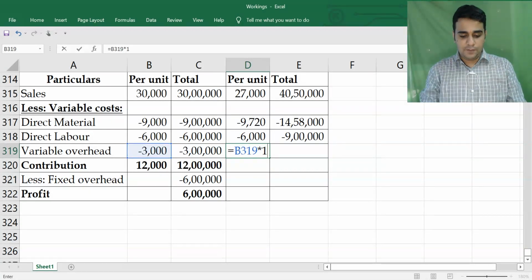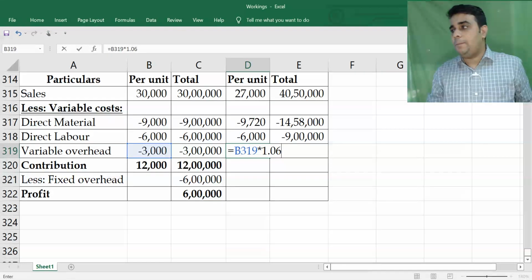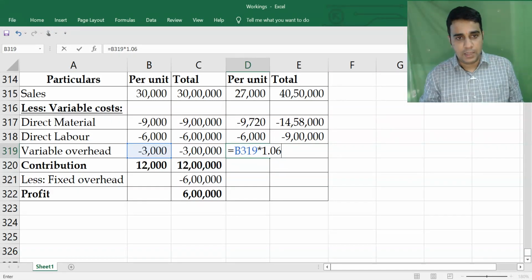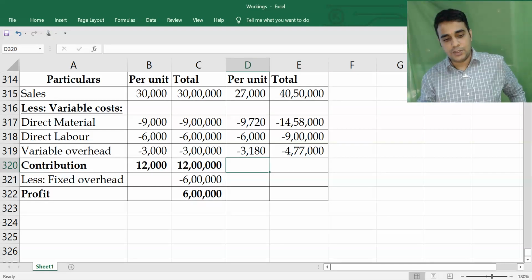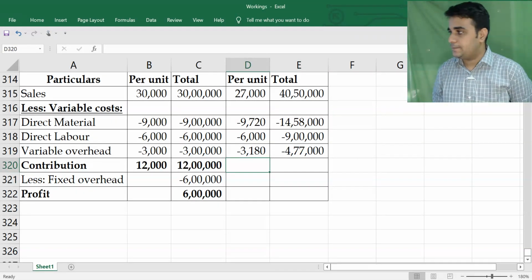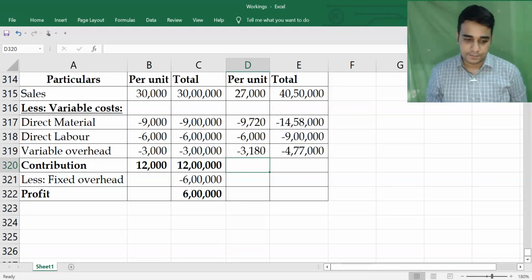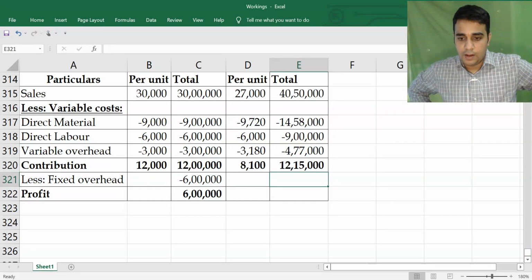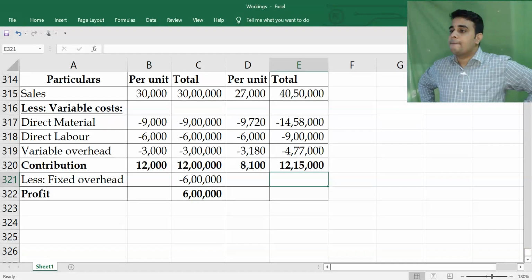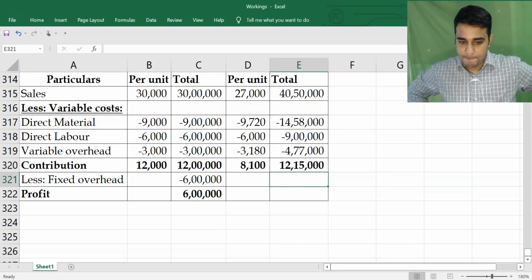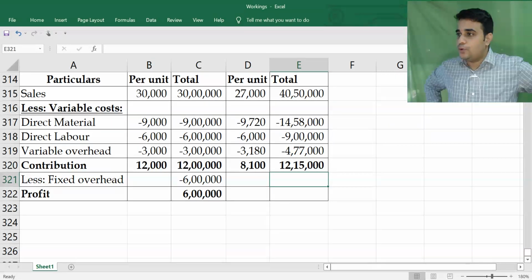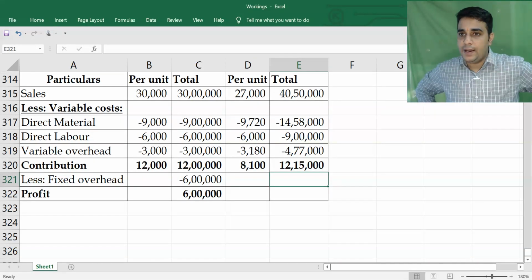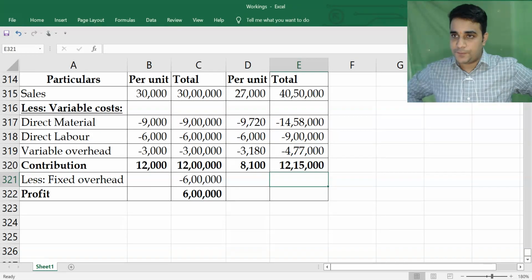So any change in variable overhead represents the change in variable overhead per unit, into 1.06 and then into 150 units. $3,000 will become 3,180, an increase of 6%. 3,000 becomes 3,180 into 150 on top of that.